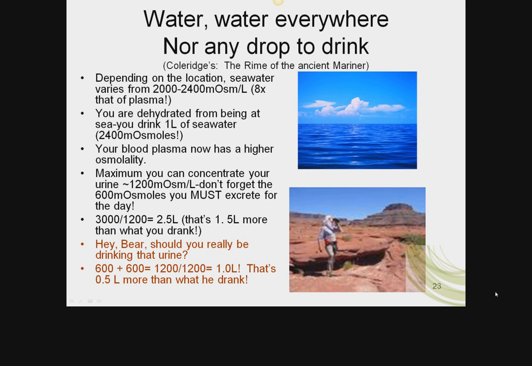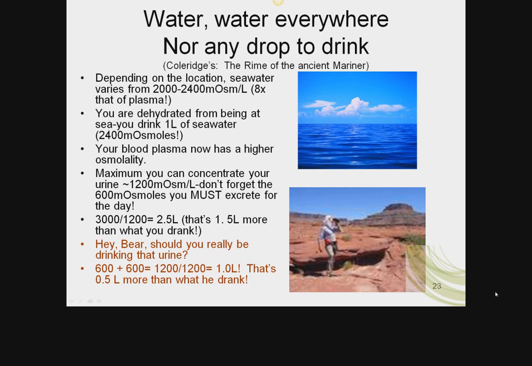Your blood plasma is now going to have a higher osmolarity because you're going to absorb all of those sea salts. The maximum you can concentrate your urine, remember, is 1,200 milliosmolal. And don't forget, through your normal metabolism, you still have 600 milliosmoles that you must excrete.